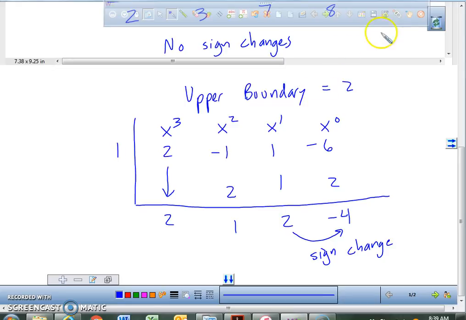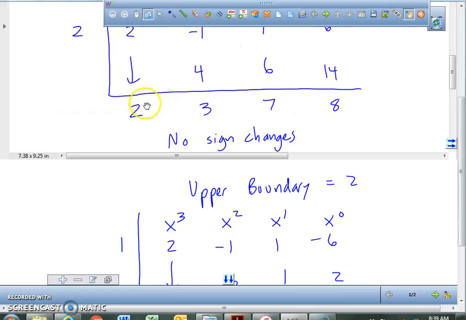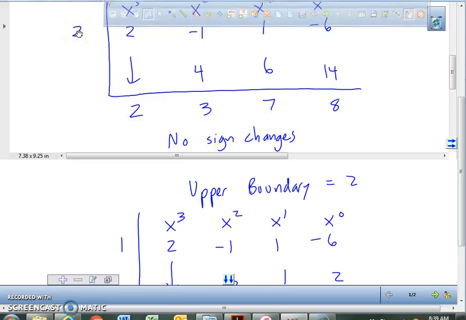For the upper boundary, all these numbers have to be either positive or all these numbers have to be negative. Okay? And why did we not choose the number 3 over the number 2? Because when we worked it out, this number was closer to the number 0. Okay?